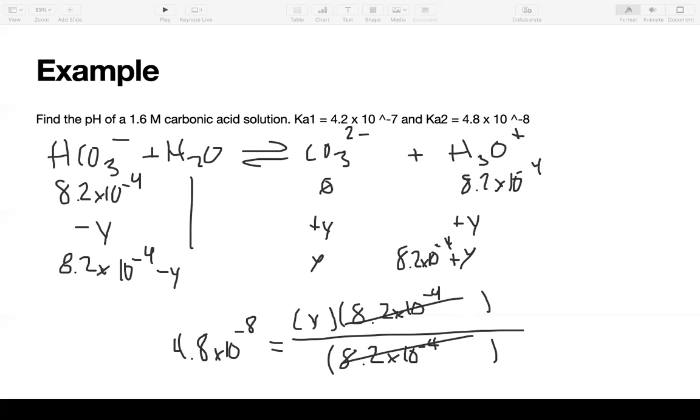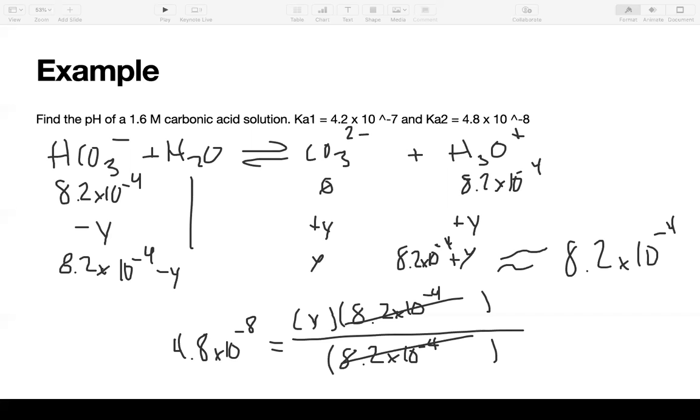So yeah, from here we could just plug in. So our concentration of H3O plus is basically 8.2 times 10 to the negative 4.